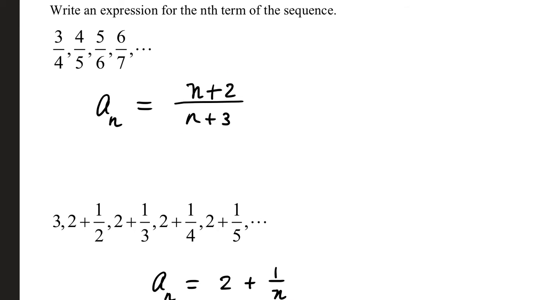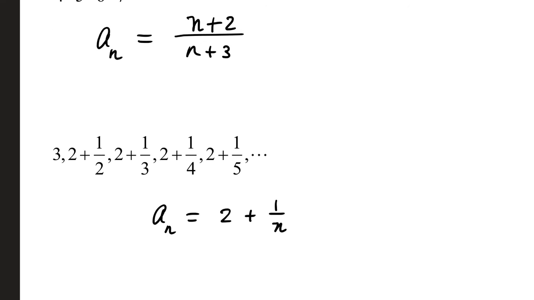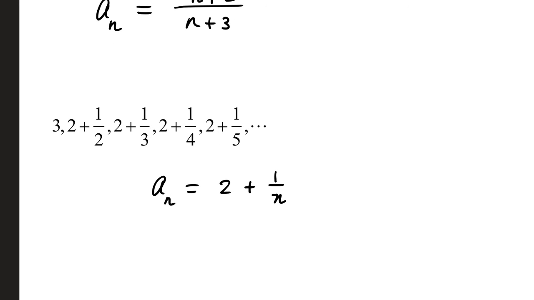In the second example, we have a list of numbers: 3, 2 plus a half, 2 plus a third, 2 plus a fourth. Notice that what we're adding to 2 is always a fraction with a growing denominator.